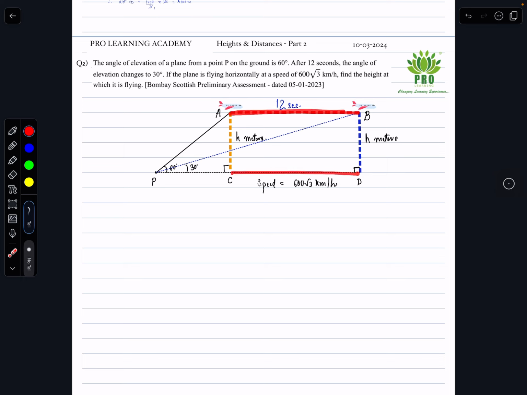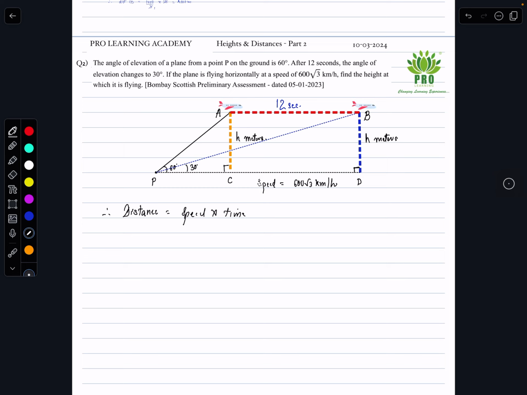This is the journey that is completed at this speed. So we're looking at finding the distance. Therefore, as per the diagram, distance CD is speed times the time.